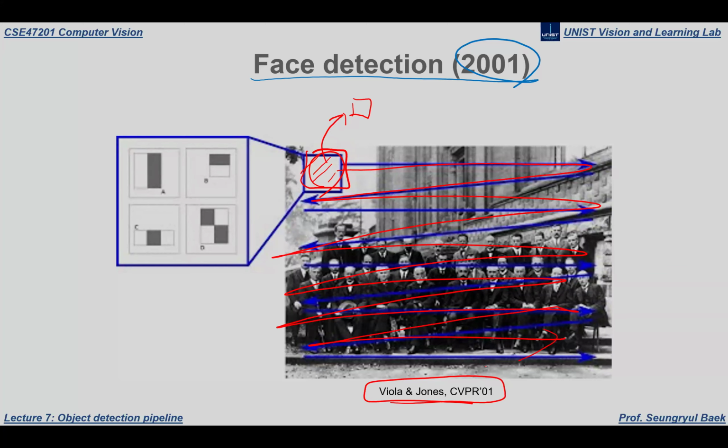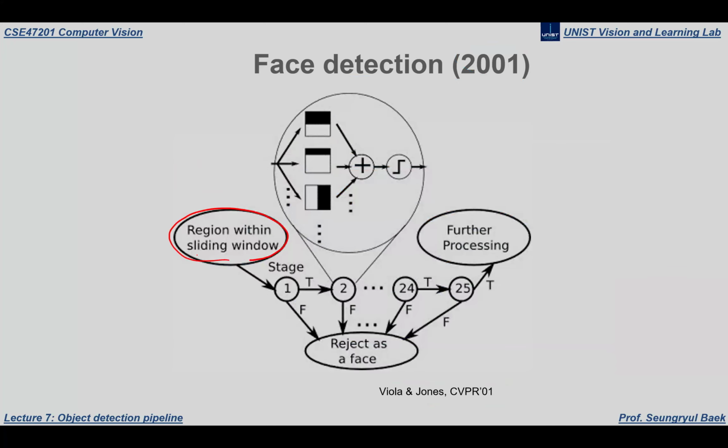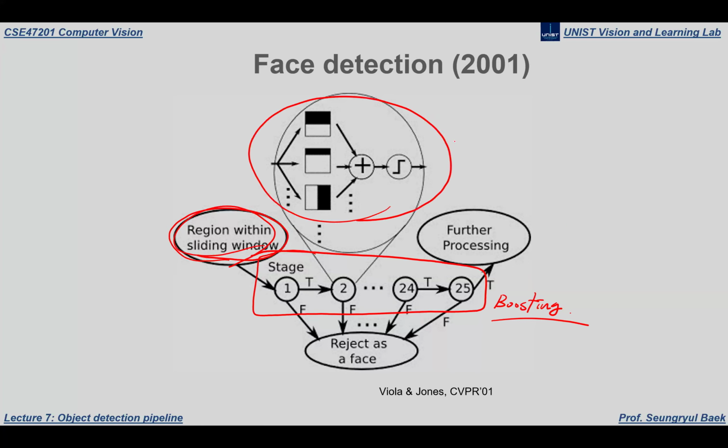Then for the region inside the sliding window, they apply a shallow learning algorithm called boosting. Boosting is one of the machine learning algorithms that was frequently used before deep learning, like SVM or random forest. Here, for the region within the sliding window, you first extract the Haar-like features. So it is similar to what I explained before.